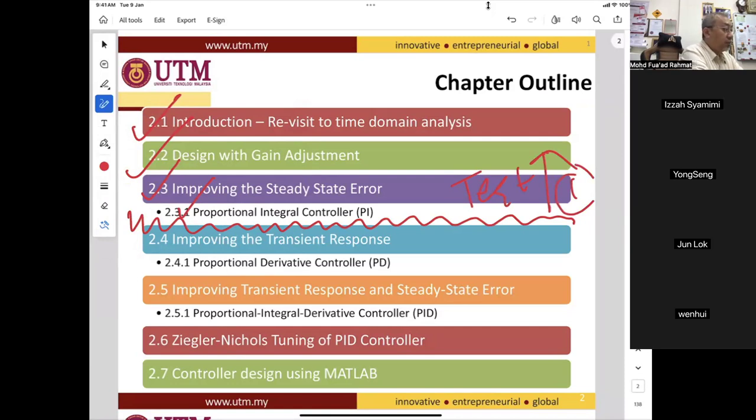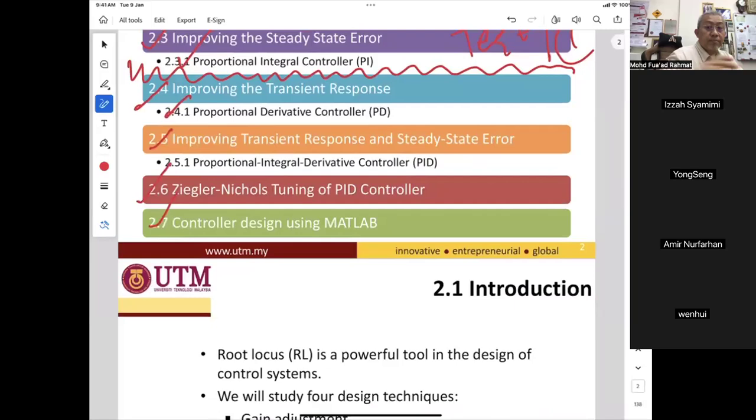And then we go to improving the transient response using a PD controller. Then improving transient response and steady state error together using PID controller. And then we go to the Ziegler-Nichols PID tuning method and some computer program using MATLAB.